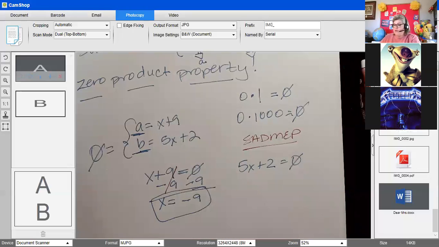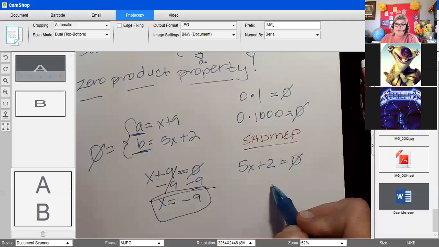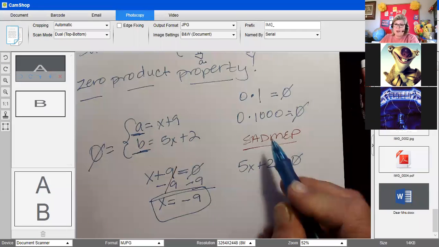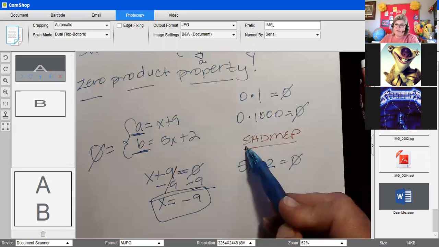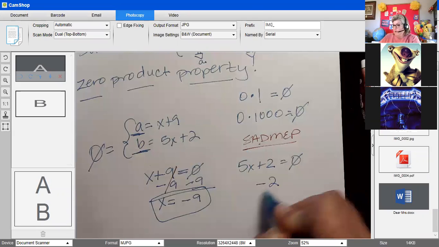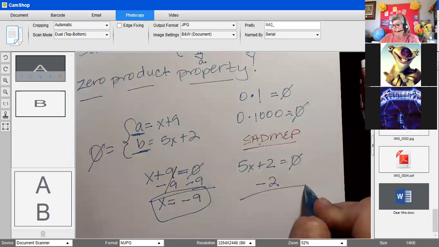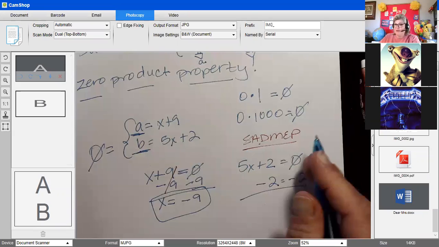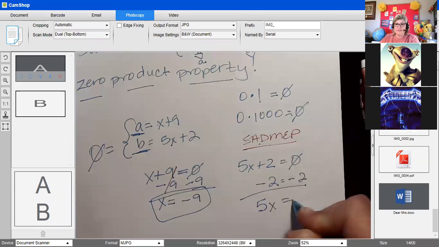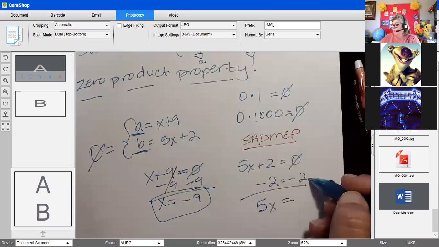And now we've got to do the exact same thing here. We want to isolate the x. And so according to SADMEP, we go subtraction, addition first. So what do we need to do? Subtract 2. And whatever we do to one side, we have to do to the other. So that'll give us the 5x is equal to what on this side? -2.